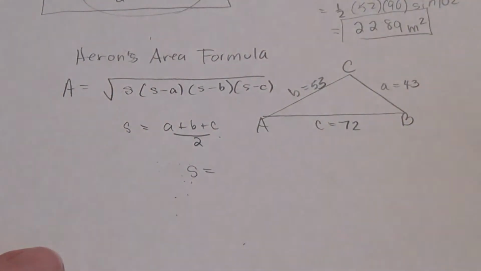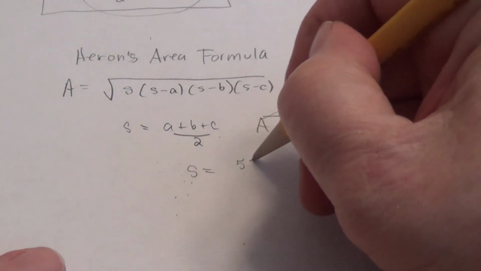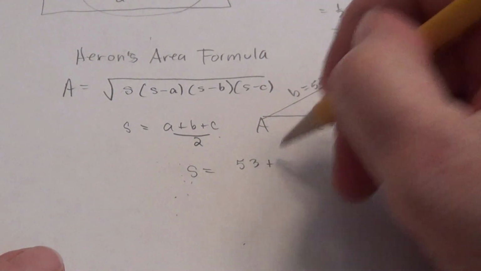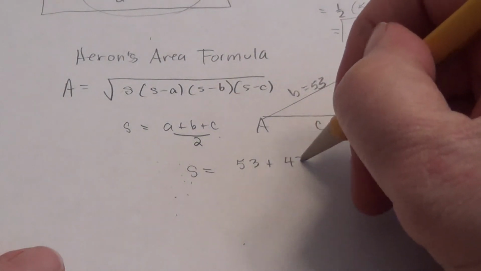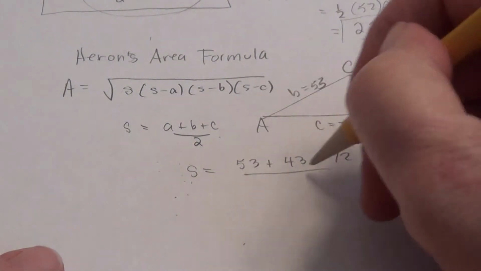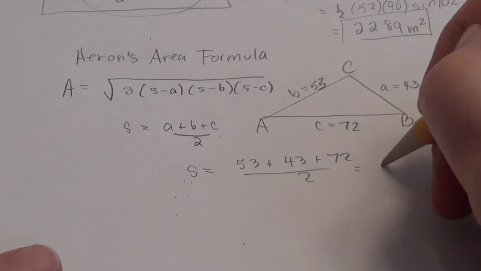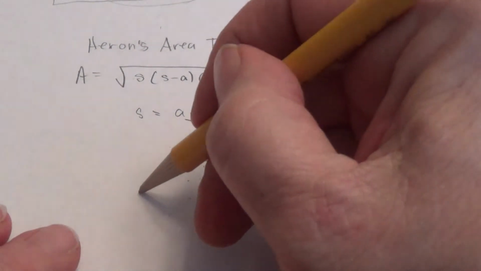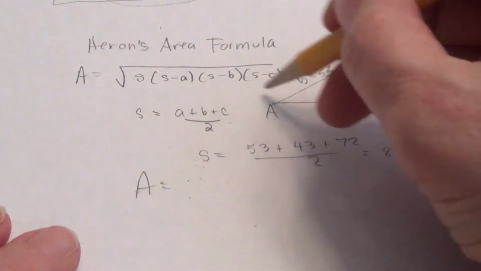So let's figure out what S is first. So if we sum A, B, and C, what's 53 plus 43 plus 72 divided by 2? I got 84. And then I just plug it in this formula.